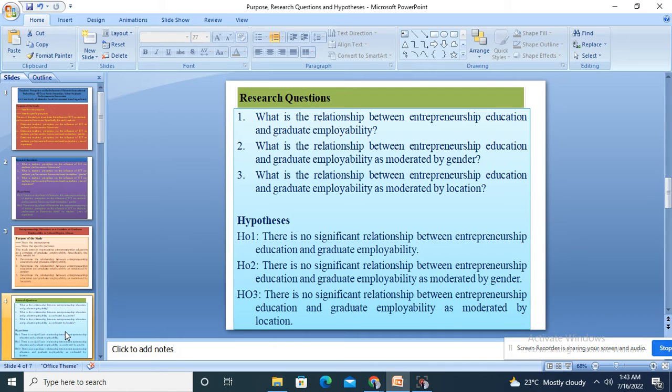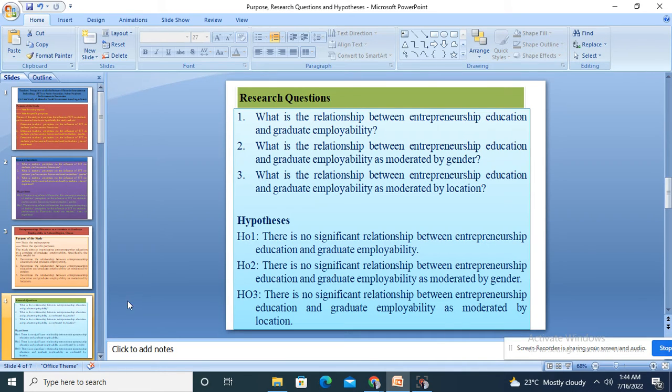Now, the research question of this. How do you frame this research question? Still based on your purpose, but this has to be in question form, to start with what is and has to end with question mark. 1. What is the relationship between entrepreneurship education and graduate employability? 2. What is the relationship between entrepreneurship education and graduate employability as moderated by gender?